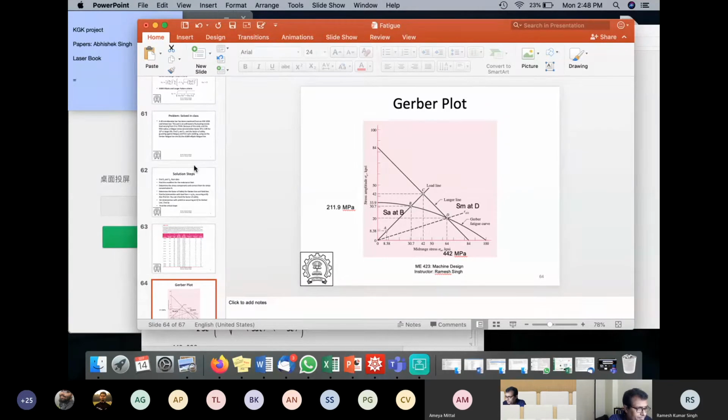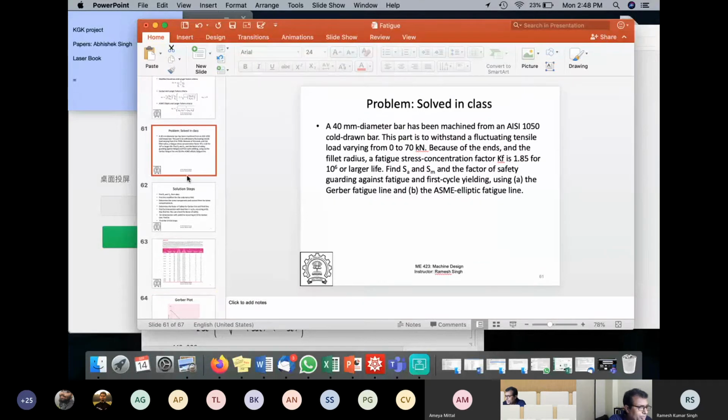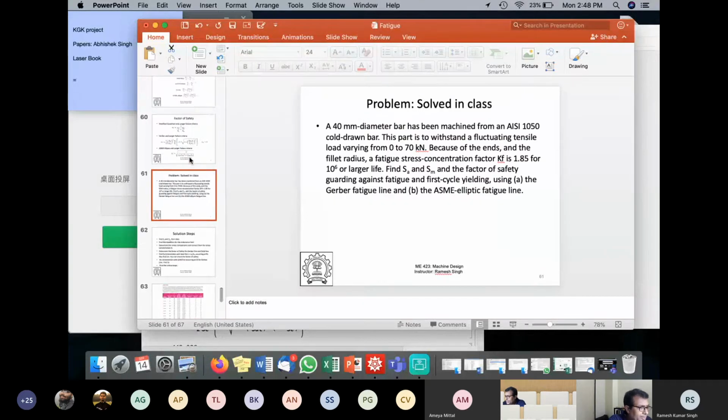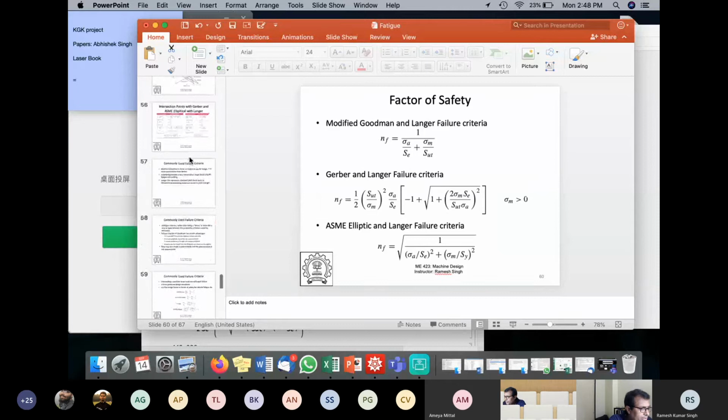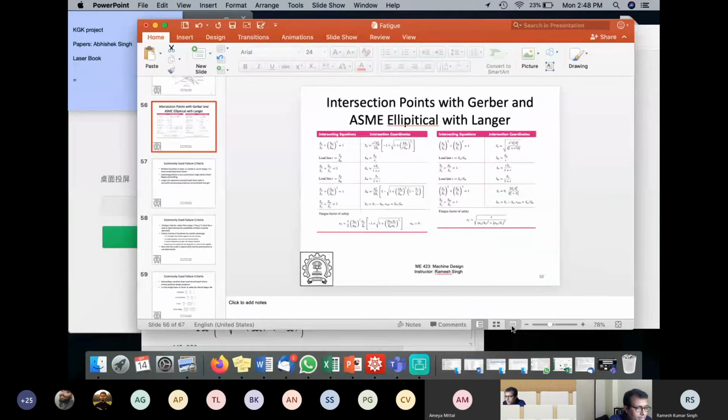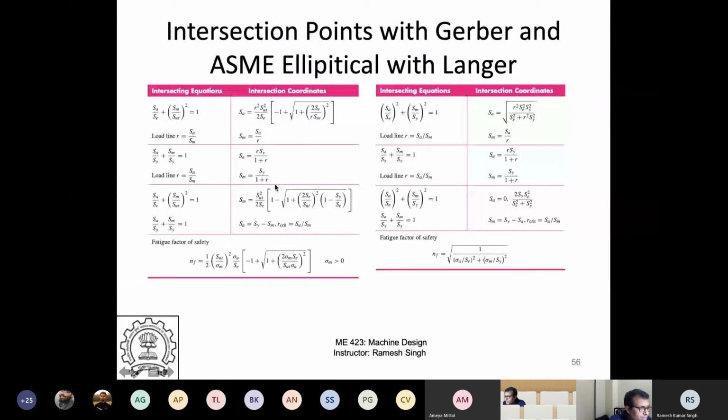OB by OA is 4.11. And if you want to find out the intersection equation between the load line and the Gerber line, it is this. Let me show you what the equation looks like. I know my load line is SA by SM. For ASME elliptic, I have Gerber, right?